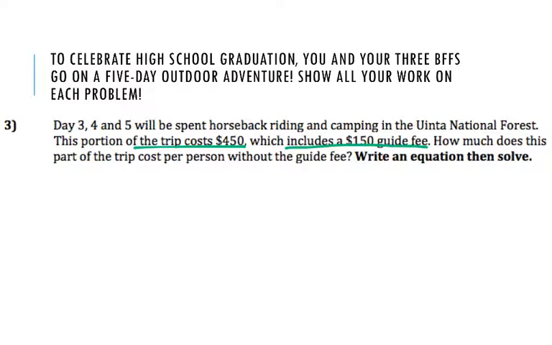The question now, so this is the part we want to make sure we're looking for: how much does this part of the trip cost per person, and without the guide fee. That helps us set up our equation.